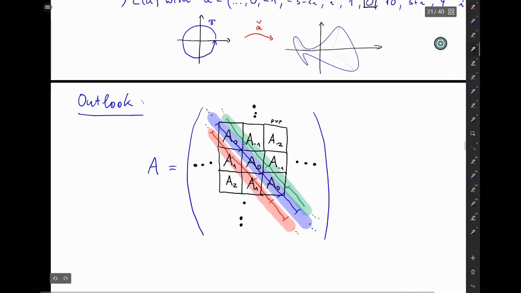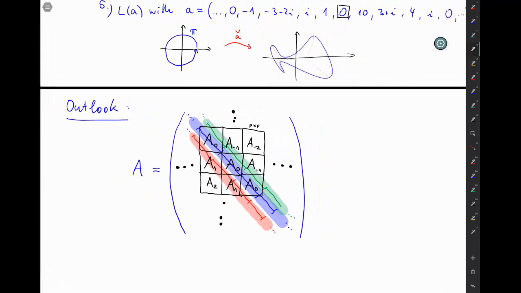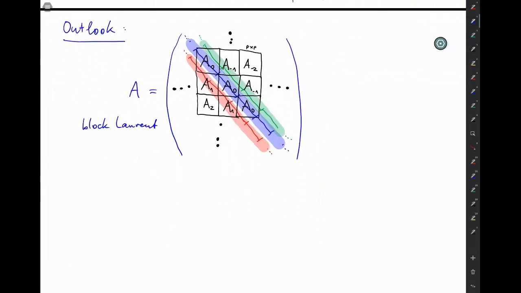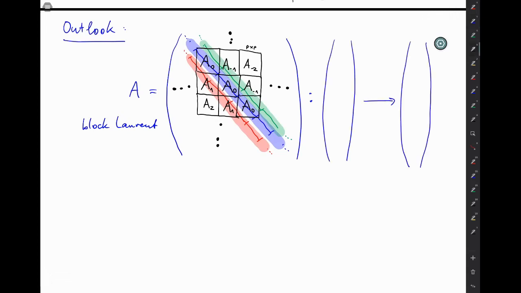And the Fourier transform idea can also be extended to these operators. And essentially what you have to do is, well, you understand this again as an operator on little L2 over the integers set. But just like you were splitting your matrix in blocks of the size p by p, you're now splitting your vectors in subvectors of length p.